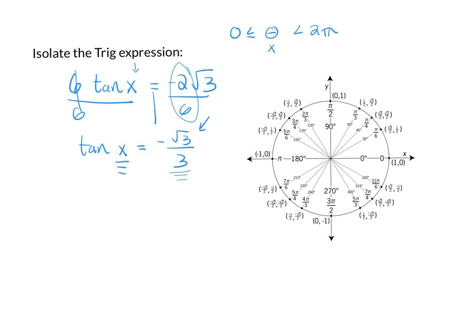But let's see, tangent is negative in quadrant 2 and quadrant 4. And it's always the negative square root of 3 over 3 at the pi over 6 locations. So our answer, x equals both 5 pi over 6 and 11 pi over 6.